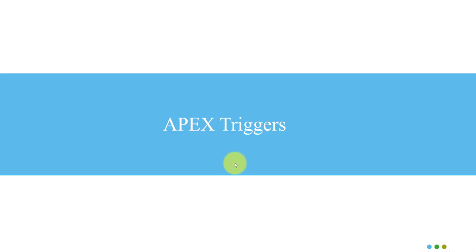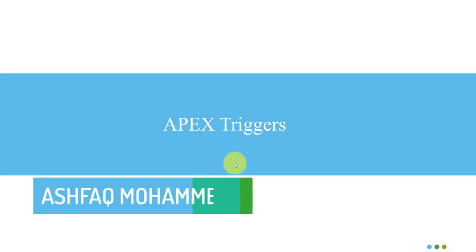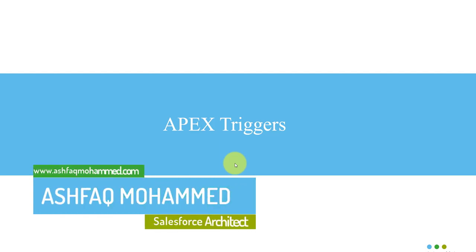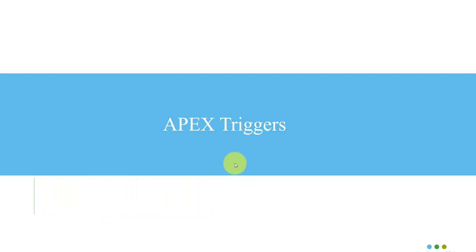Apex triggers. Before even going into this topic, I just want to highlight a few points to give you the background to understand triggers better. Back in the days, a few years ago, triggers were very heavily used, because at that time we were not having powerful tools like flows.